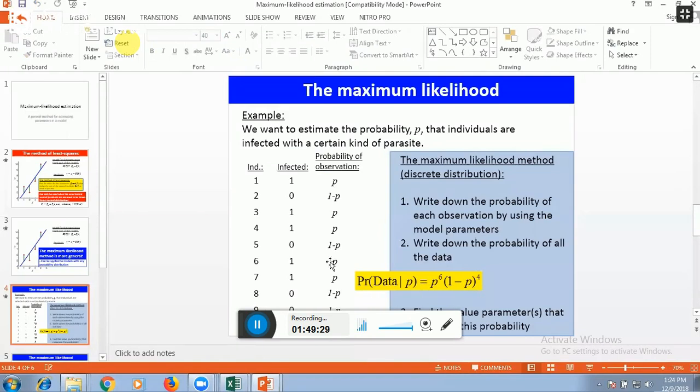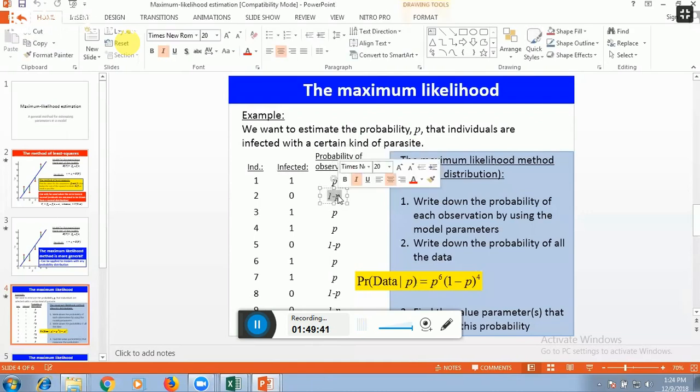But if you understand at least the Bernoulli distribution, for example, you have your y variable as 1 and 0. You calculate the probability for 1 and the probability for 0, and that is the probability of data given p.